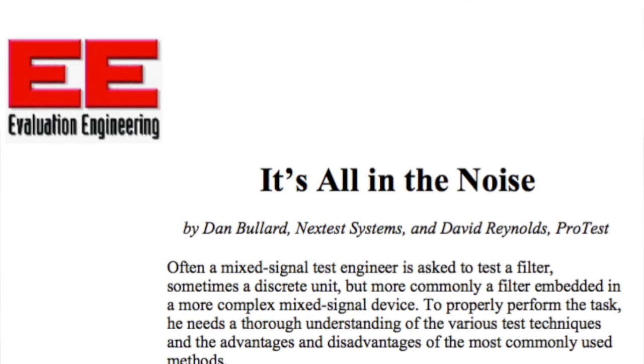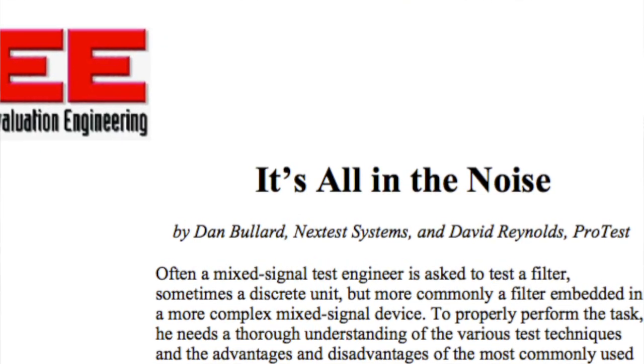You can shape it because you can do the FFT on the white noise, and then you can multiply everything you don't want. If you're looking for a filter cutoff at a particular place, you can multiply everything in there by 0 except the band that you want. And then you can boost the amplitude of everything that you're looking for to the maximum voltage, 3 volts or 5 volts or whatever. So it's pretty cool.